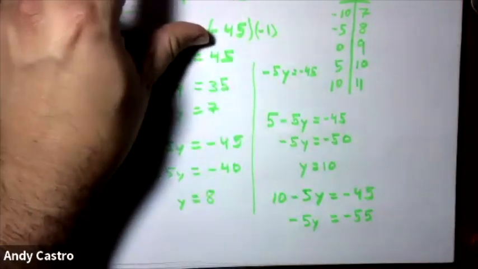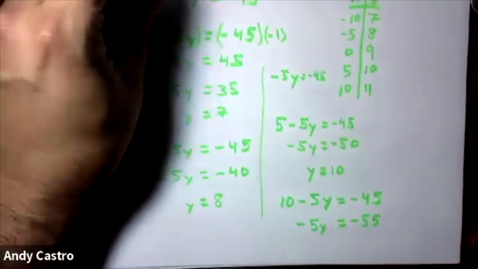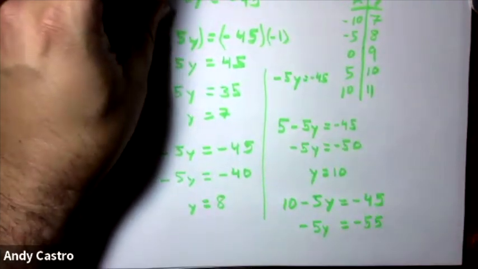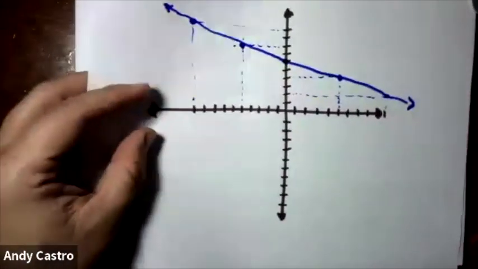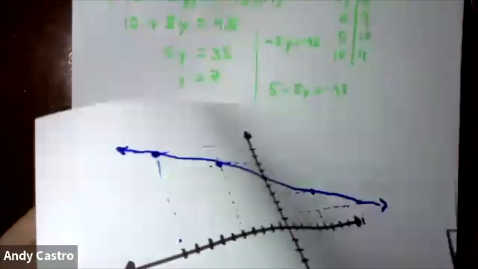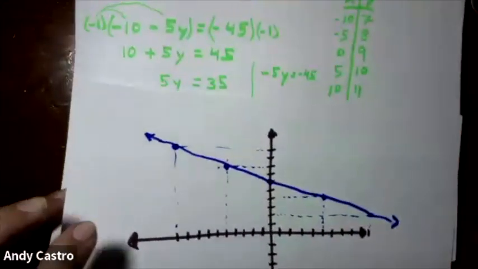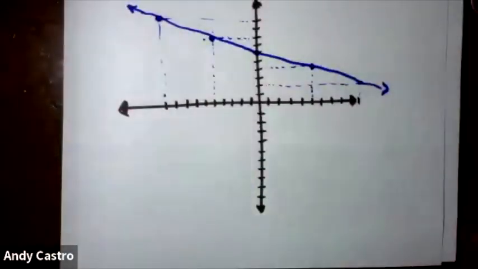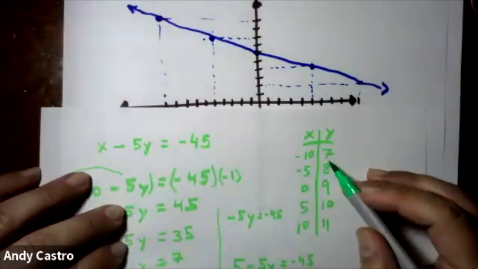All right, so let's go ahead and graph this one on the graph paper. It's going to be here. So the first one is negative 10, 7.